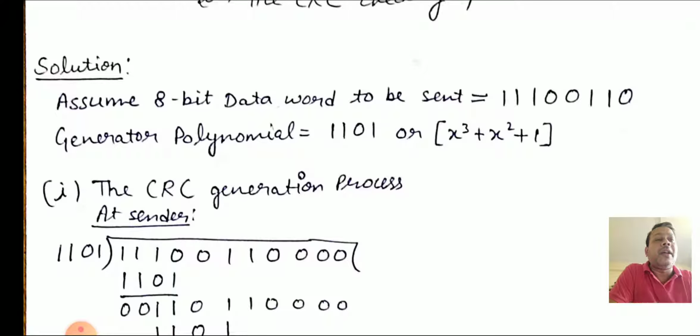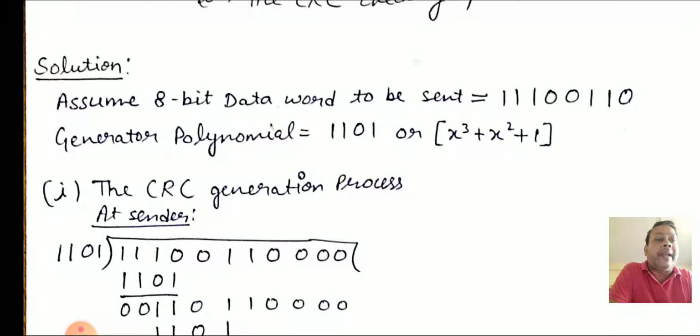Corresponding to 1101, you may get this sort of polynomial. If you see from the right side, the second bit is 0, so the x component is not there. x cube is there, x square is there, but x to the power 1 is not there, because the second bit is 0. So you may get it in polynomial form also.